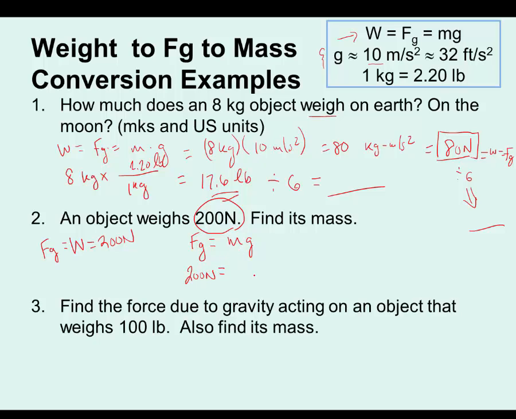Our mass is what I'm trying to find. That's our unknown. And our gravitational pull is 10 meters per second squared. Divide both sides by 10, and I get my mass equals 200 newtons over 10 meters per second squared. Now I've got a little bit of a problem because I don't know how to cancel newtons and meters per second squared. Or do I?